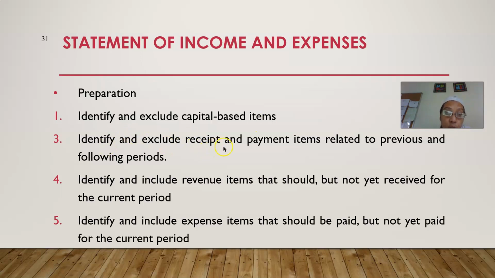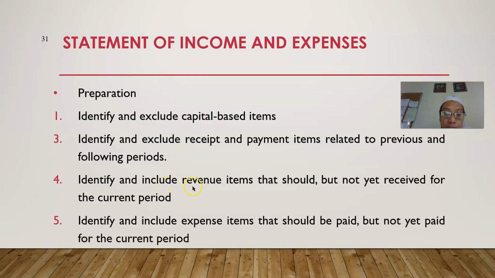Identify and exclude receipts and payments of items related to the previous and following period. We need to identify those receipts and payments for the items related to the previous year and following year, and exclude them from the statement of income and expenses.